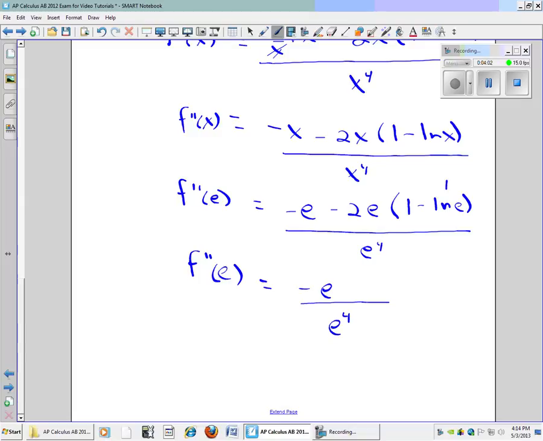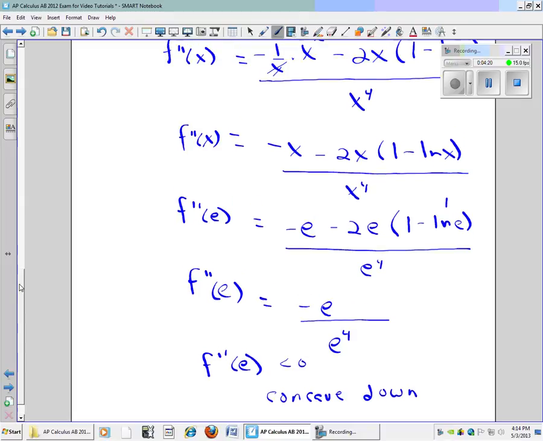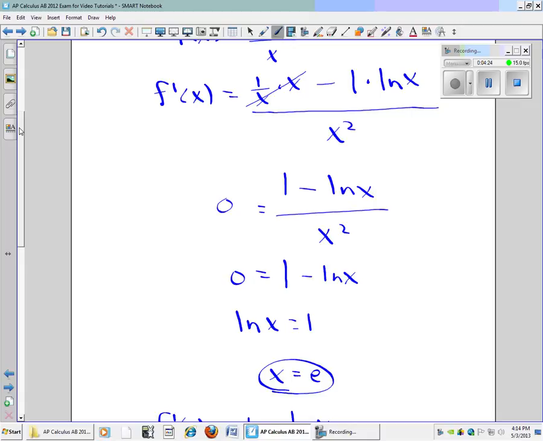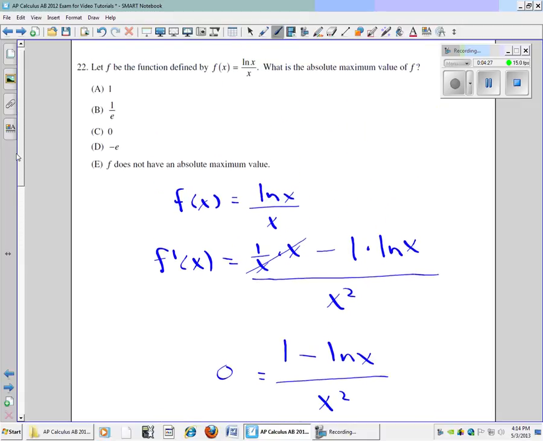So if f double prime of e, the second derivative at e, is less than 0, then it's concave down at that point, which would make this a relative maximum, and in this case an absolute max.